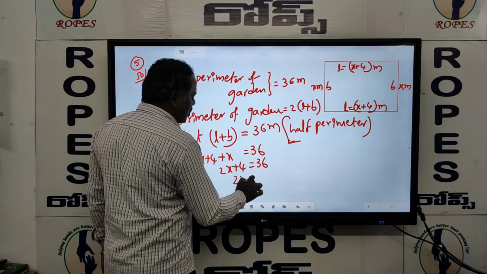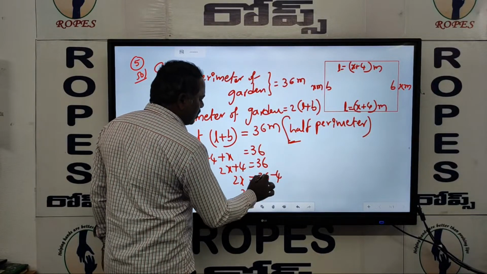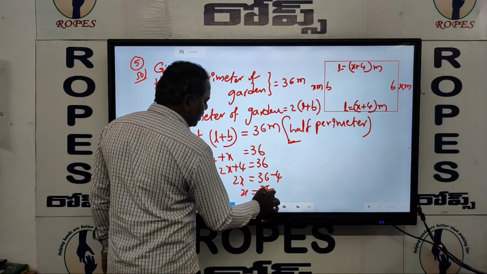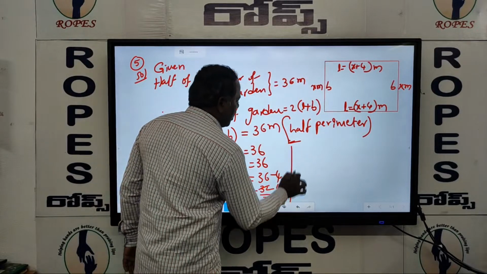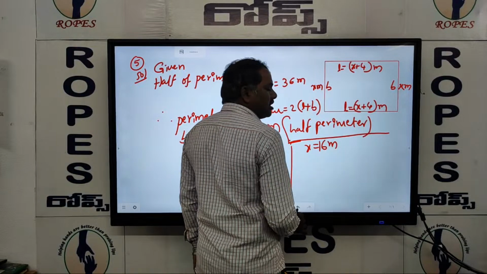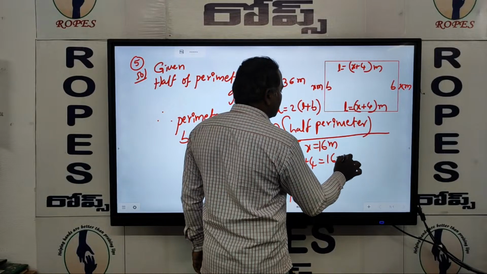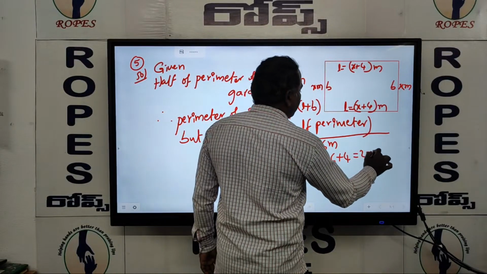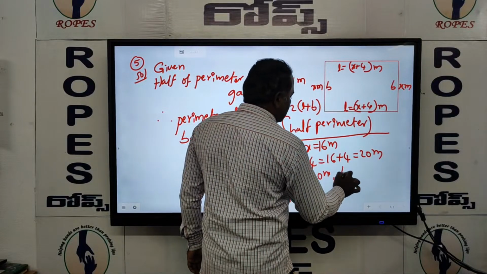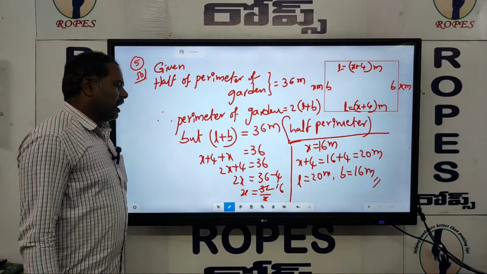Now 2x is equal to 36 minus 4, that is 32. The 2 going to the other side, divided by 2, gives 16. Now x is equal to 16 meters, and x plus 4 is equal to 16 plus 4, which is 20 meters. Now L is equal to 20 meters and B is equal to 16 meters. These are the measures of the rectangular garden.